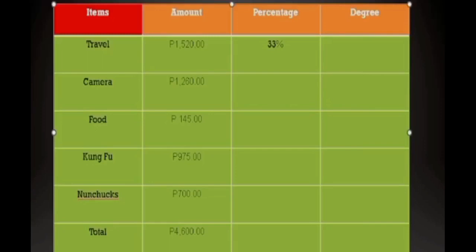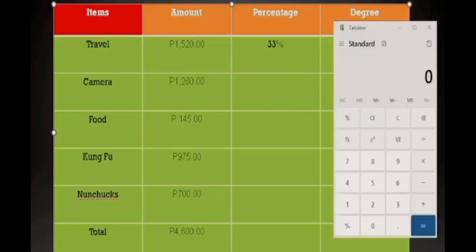Next is camera. The amount of camera is 1,260 pesos divided by the total amount 4,600, which is 0.27 or 27%.